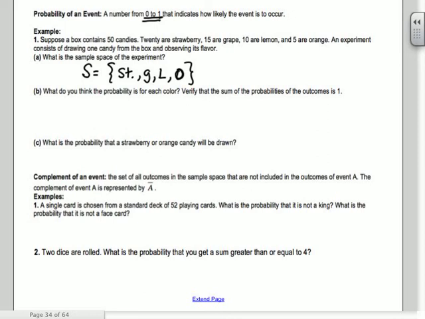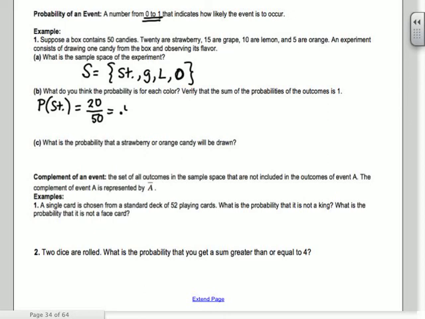Then it says, what do you think the probability is for each color? We usually write the probability of, and then you write out strawberry, or you could abbreviate. So what's the probability of strawberry? Yeah, it's 20 out of 50. Kern says 40%, which is 0.4.